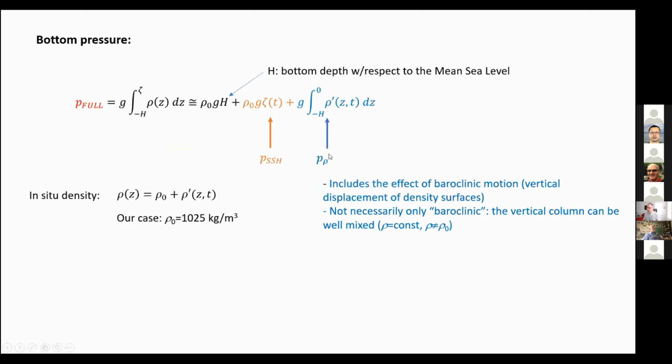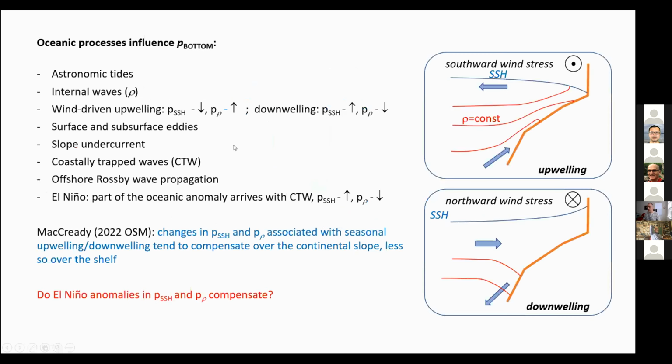Sometimes they call it baroclinic, but it's not always baroclinic. If you're in shallow water and your water column is well mixed, but your average density in the water column is still different from the reference, you still get a non-zero contribution from this one, right?